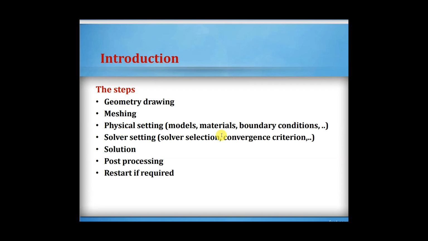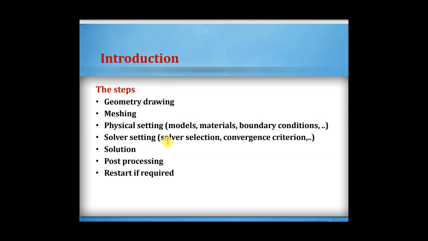For example, you have a problem, you know the inlet velocity, you know the inlet pressure. By inserting them in the software, you will know the other factors. For example, you insert the inlet velocity, and after calculation, the software will tell you the outlet velocity and things like this.